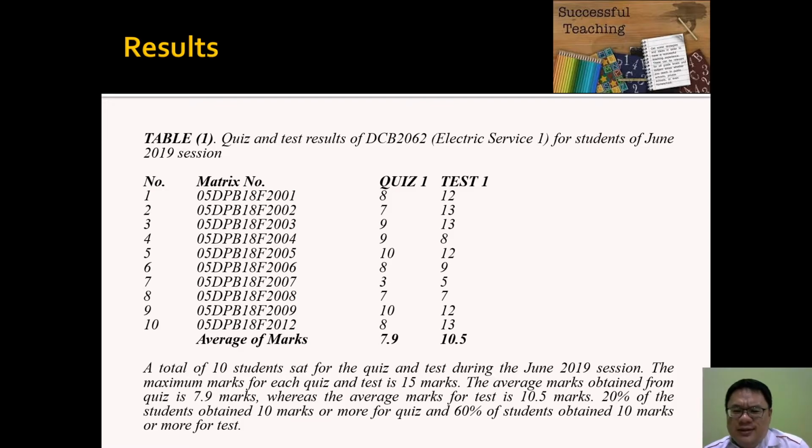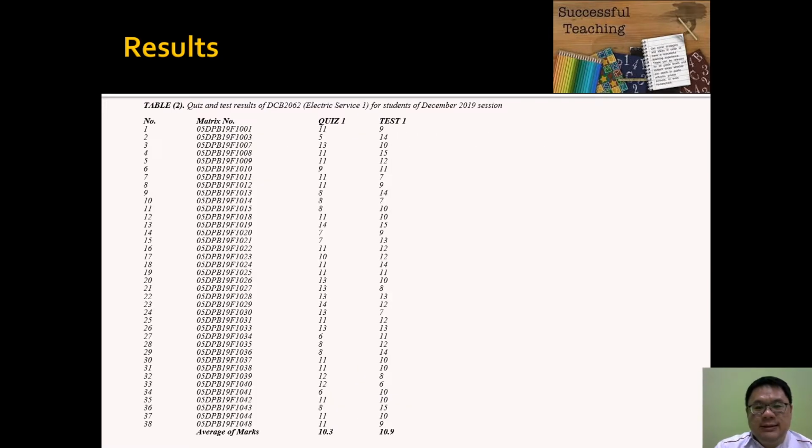The average mark obtained for the quiz is 7.9 out of the 10 students, and for the test it is 10.5. 20% of the students scored 10 marks or more for the quiz, whereas 60% of the students obtained 10 marks or more for the test.